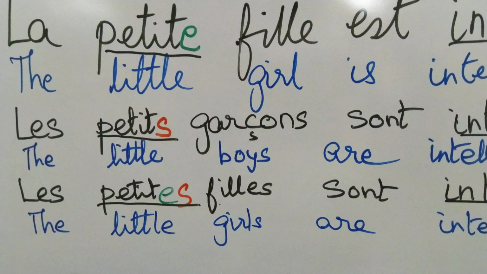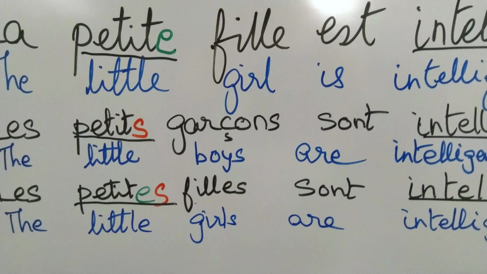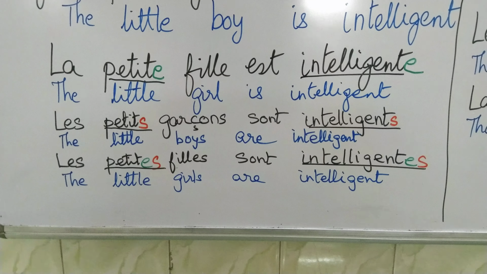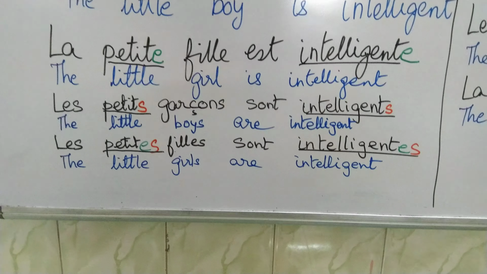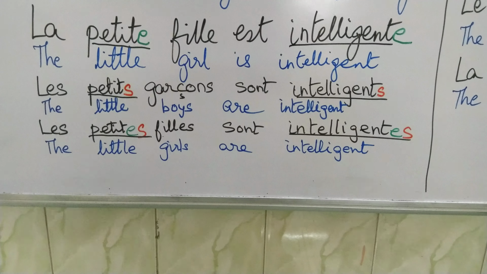So when the noun is feminine singular, you have to add an E to the form that is given, and you will get the feminine singular form. So, la petite fille est intelligente. P-E-T-I-T-E and I-N-T-E-L-L-I-G-E-N-T-E.